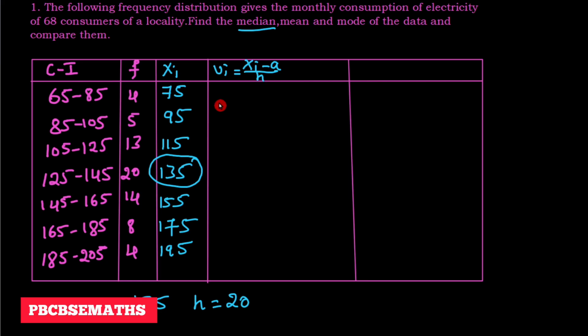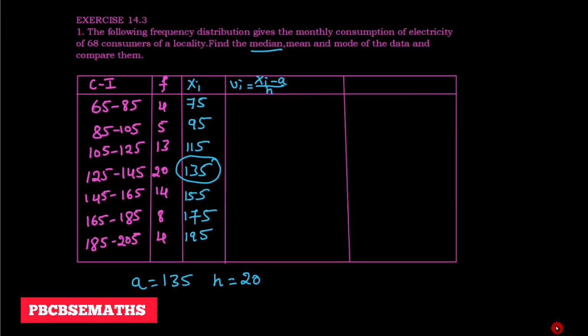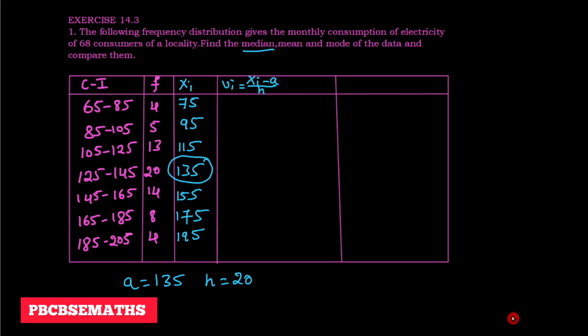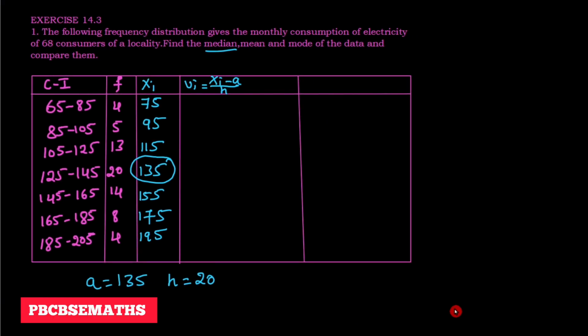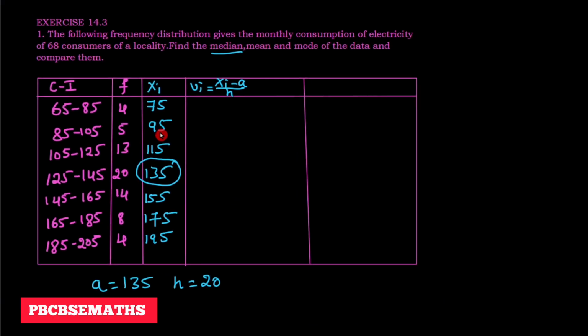Now let's find out this ui. For that, let's find the value of xi minus a. Let's consider the value of xi as 75, minus a, which we consider as 135, divided by h, whose value is 20. So 75 minus 135 gives us minus 60, divided by 20, which gives us minus 3. So let's write that minus 3 here.